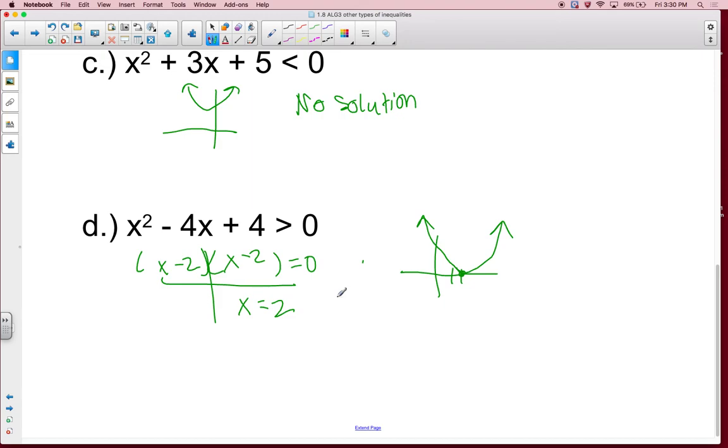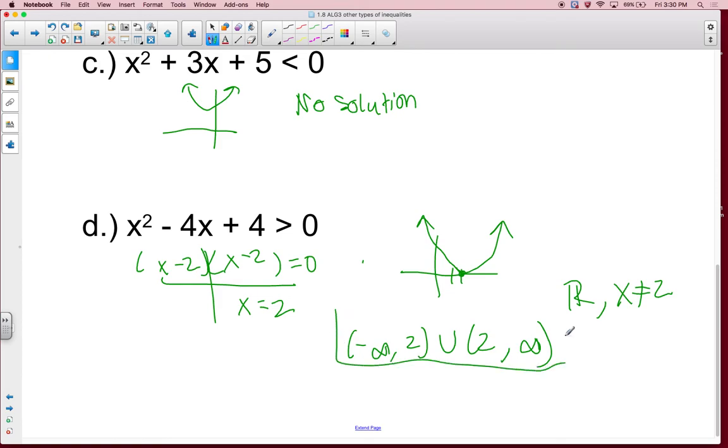So everywhere except for 2, it's greater than 0, because at 2, it's on 0. And since it doesn't say greater than or equal to, 2 is not included in your set. So therefore, we would write this as everything from negative infinity to 2, union 2 to infinity. This just means all reals except x is not 2. But we're going to write it in interval notation, which is this right here.